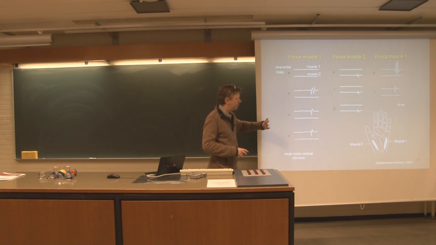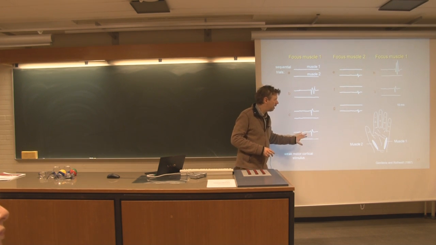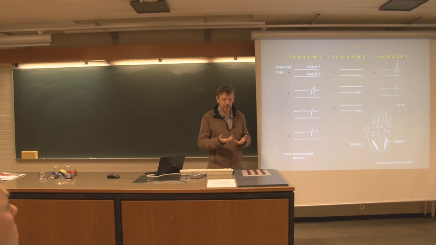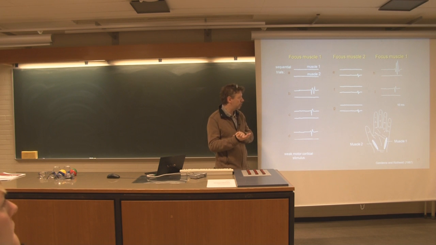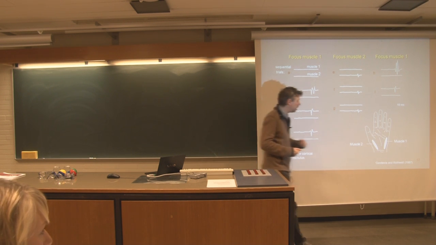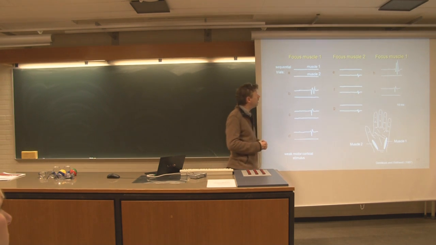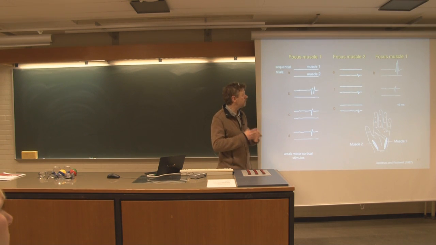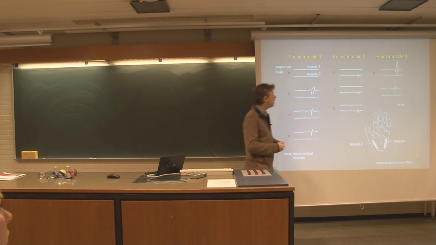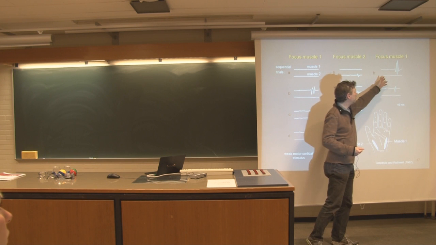Another example of very much the same thing, if you use transcranial magnetic stimulation and evoke motor evoked potentials in two different muscles, here for the thumb or for the little finger, you can actually see that if the subject focuses on one or the other of these muscles, just simply sitting there and focusing on the thumb or focusing on the little finger, you can see that the motor evoked potentials are greatly modulated.